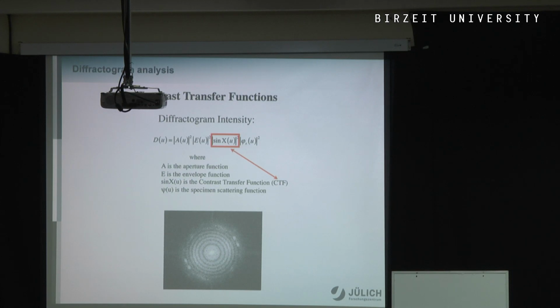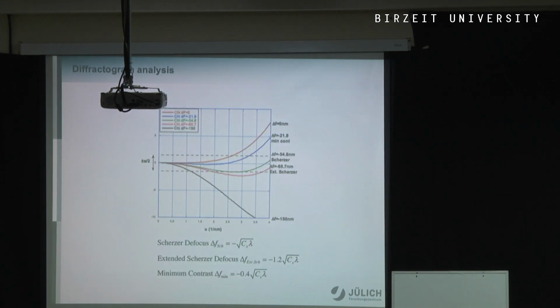This is the Fourier transform of the specimen potential corresponding to the amorphous support film underlying the gold crystals. And what do you see in the diffractogram? Well, that is related precisely to the aberration function and to the sine squared of the aberration function.